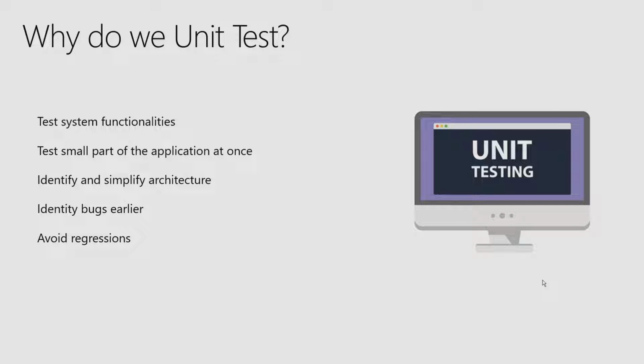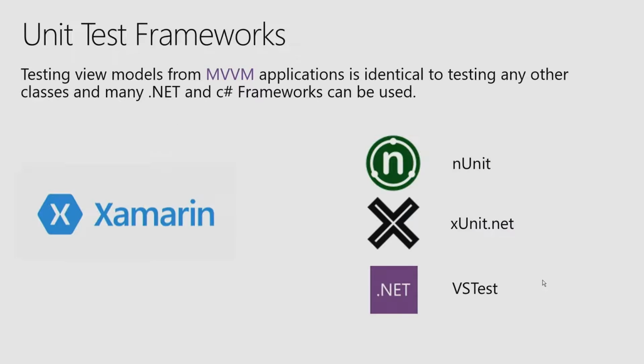Speaking again about view models, when you are testing your view models, it's exactly the same technique as testing any other class. And so you can use all the unit test frameworks that you have been using with .NET and C#, like NUnit, XUnit, or MSTest.